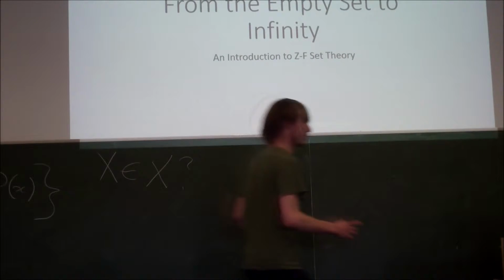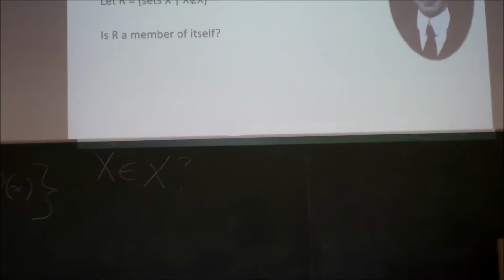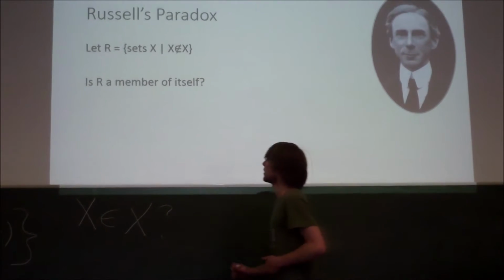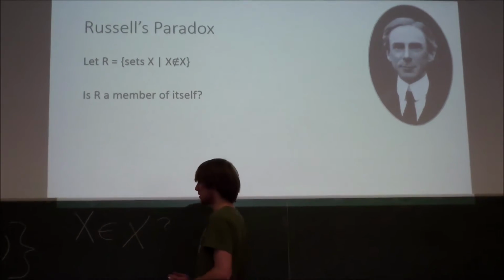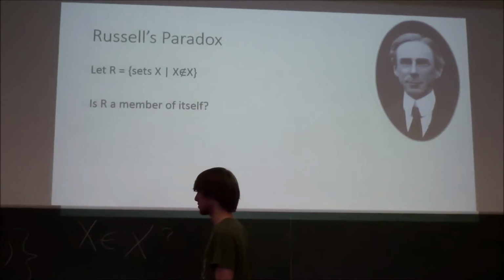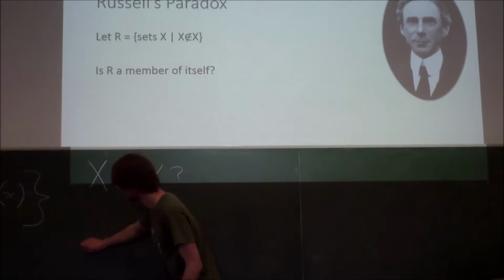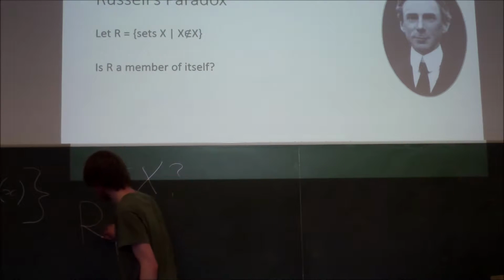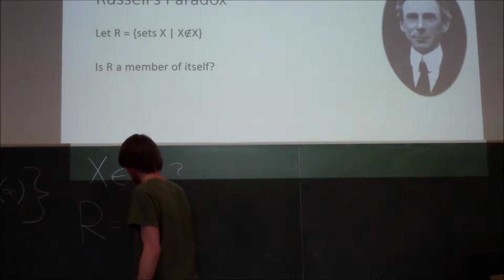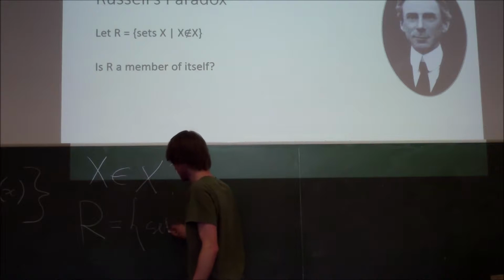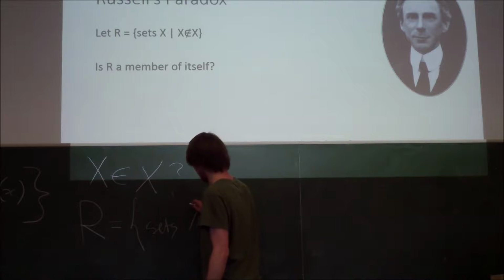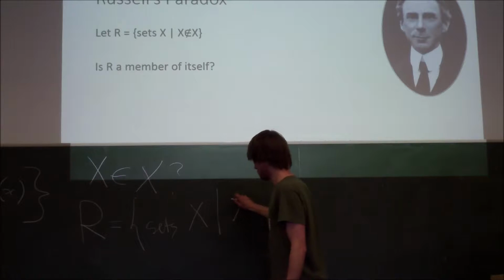In particular, if any collection of objects we can give a good description to is a set, then we can consider the set R, which I'm going to define to be the set of all sets, I'll call it x, which are not members of themselves.